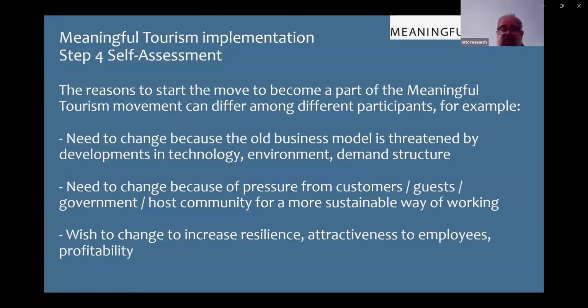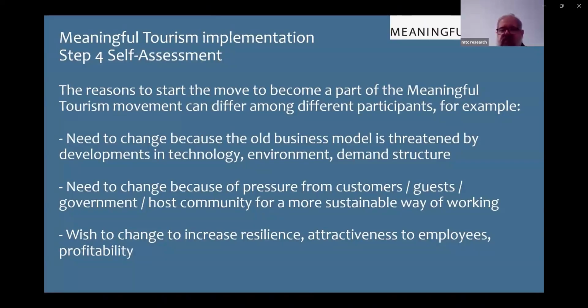There is pressure from the government, for instance the European Union now has quite a lot of regulations for reporting and for changing the action, and also the host community. We saw in many places they will say we don't accept anymore that our city center is taken away from us, or our local culture is destroyed by Starbucks and Airbnb, so that you are forced to find a more sustainable way of working.